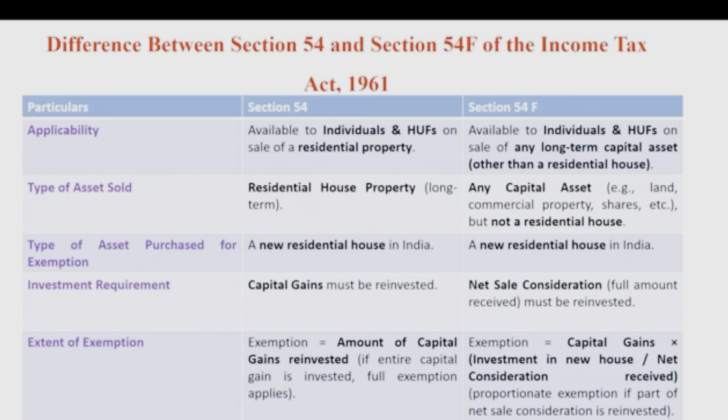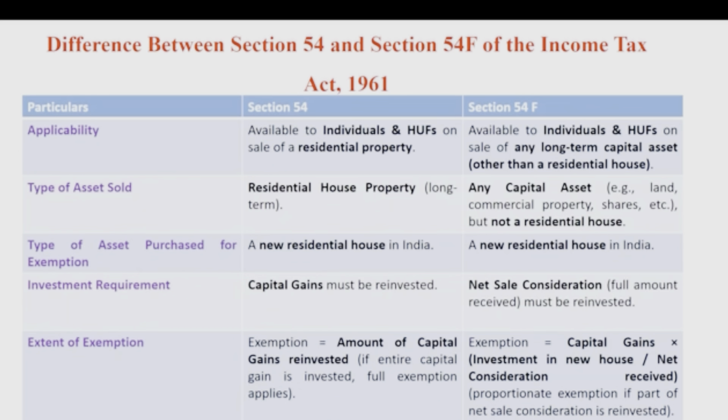Coming to the lock-in period, under Section 54, the newly purchased house must be held for 3 years or else the exemption is withdrawn. And it is the same for 54F also: in case a newly purchased house is not held for 3 years and the assessee sells it, then the exemption will be withdrawn.